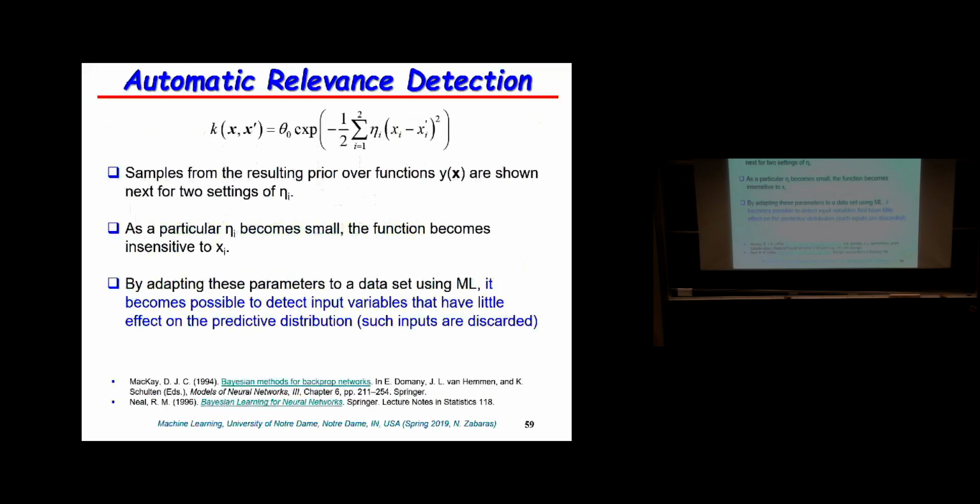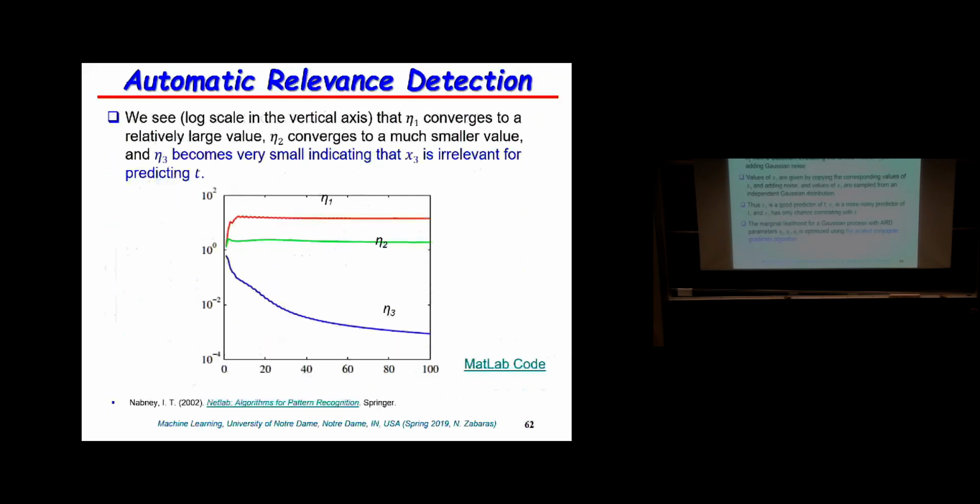There is an example in the notes, and you can run the MATLAB code on this. It's an artificial data set where the observations don't depend on the third dimension at all. And when you optimize the marginal likelihood, indeed what you get is that eta 3 goes to 0, and the third dimension is unimportant.